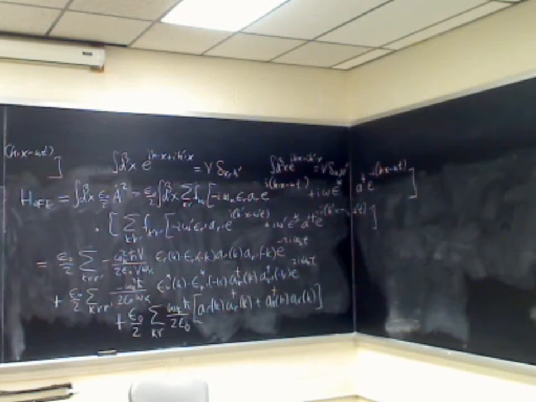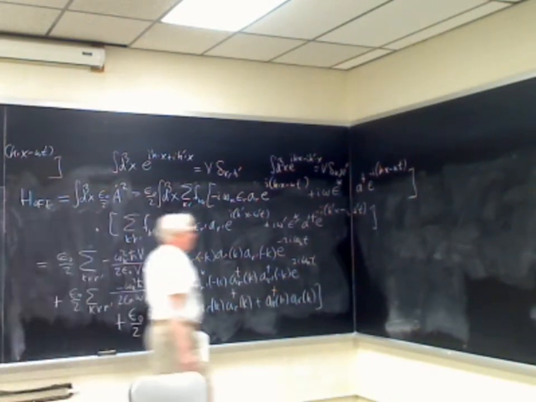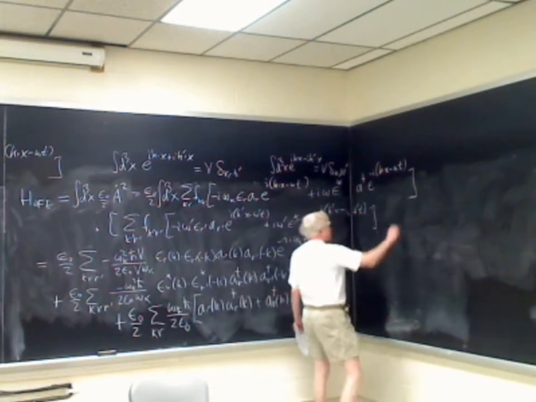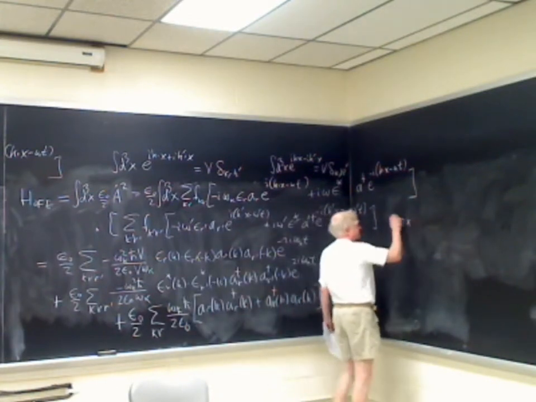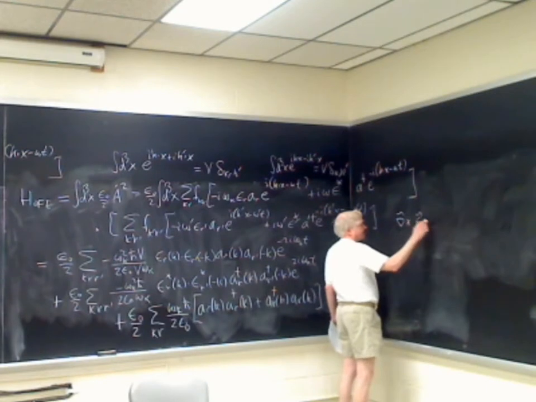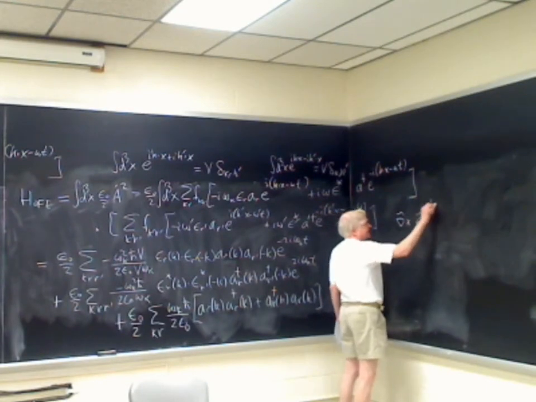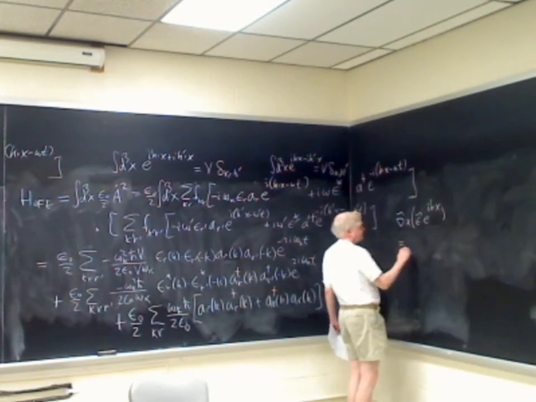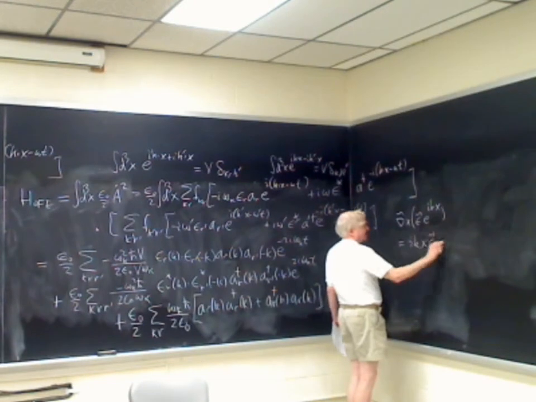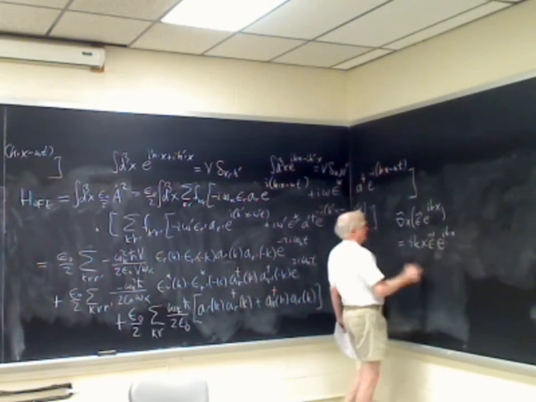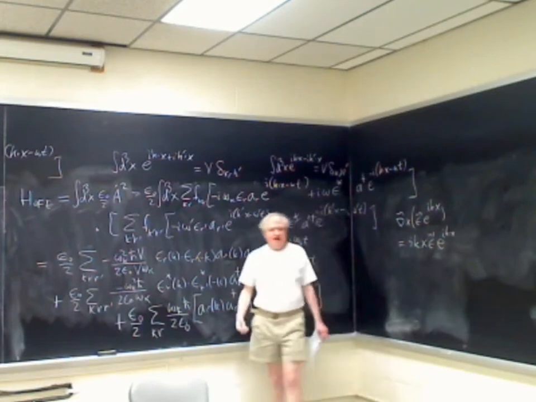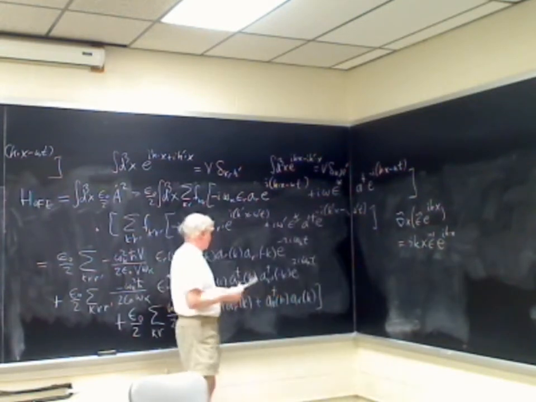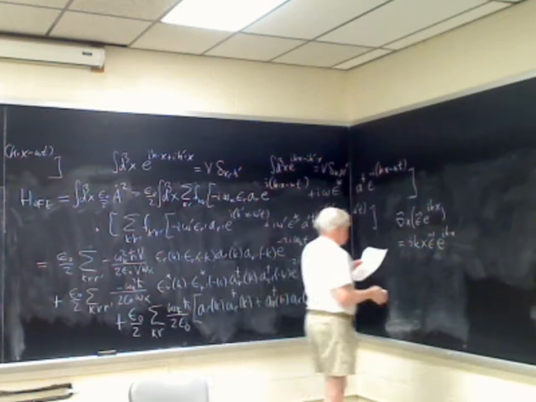And if you're taking the curl of epsilon times that, let me just say this explicitly, del cross of ε e^{ik·x}, well, this turns out to be ik cross ε e^{ik·x}. So we're going to use this several times in evaluating the magnetic field.